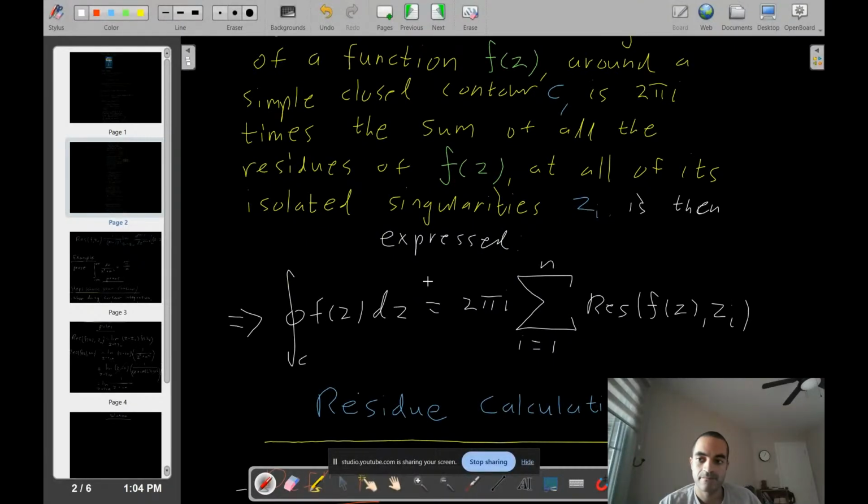So we've got a contour loop integral of f of z dz equal to 2 pi i times the summation, i equals 1 to n, of the residue of f of z, comma, z sub i. So you're going to sum up all the individual residues that you had at z sub i.